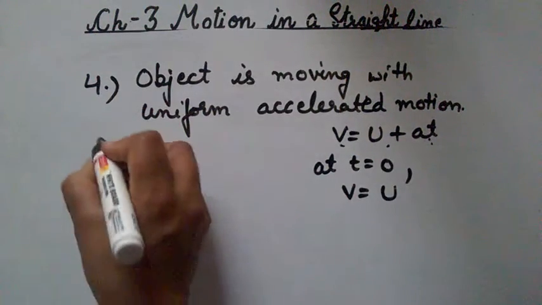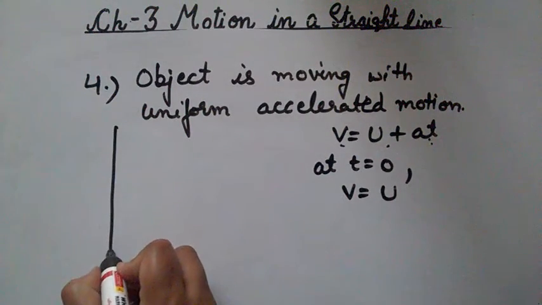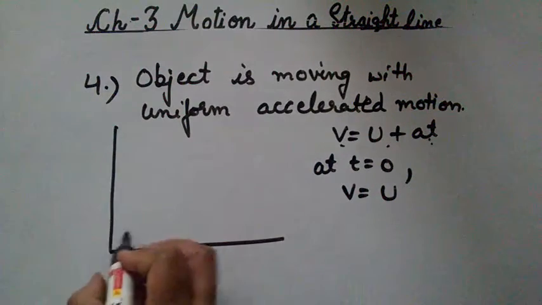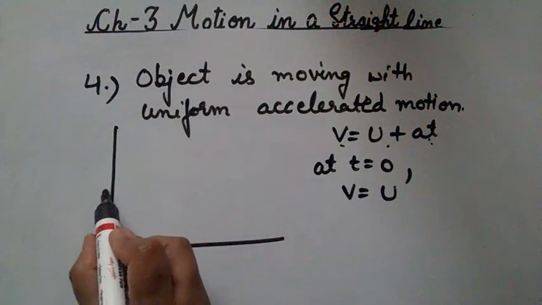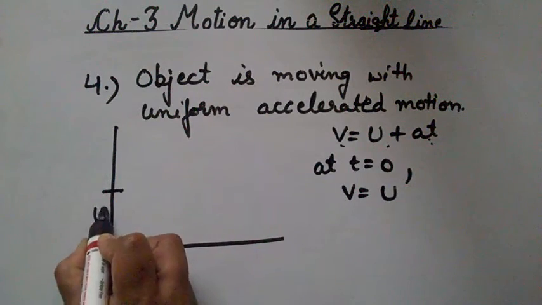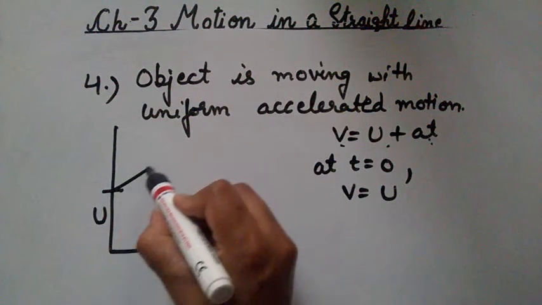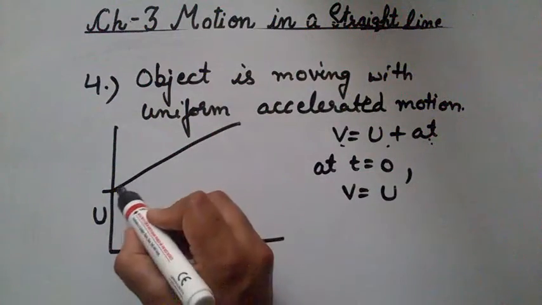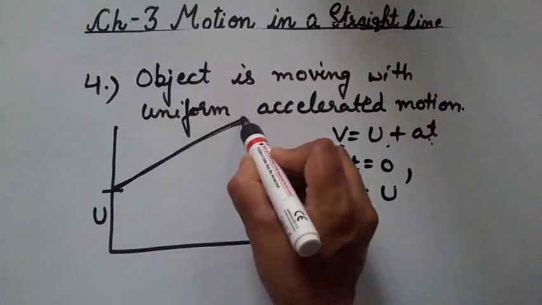Thus we can draw a graph like this. Initially body has some velocity which is u, and after that at time t it is moving with uniform acceleration.